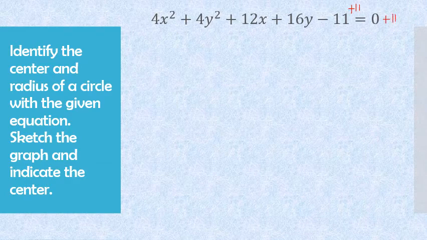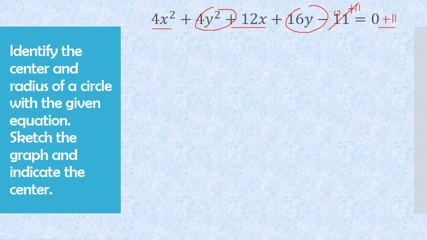So mapapansin nyo, this is negative 11 plus 11 equals 0, eliminating this one and giving a number on the right side of the equation. So we can also group. Kung i-rewrite natin, we have to group all the variables na magkakapareho, and for y, i-group natin siya.